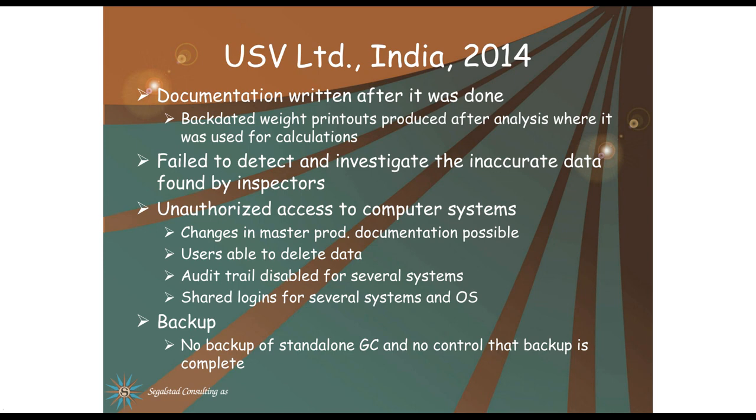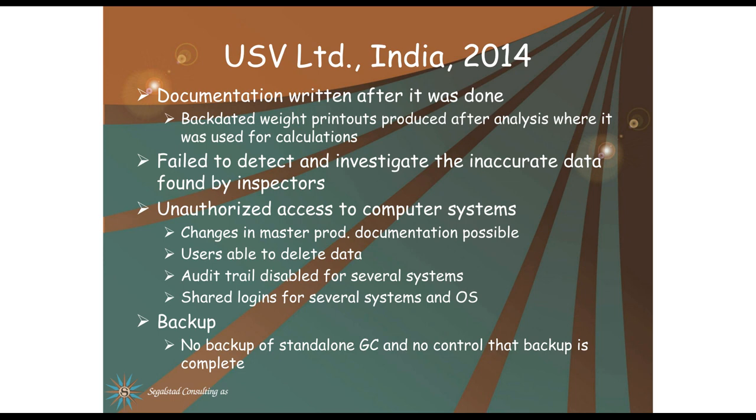There's another one from India, 2014. The documentation was written after it was done. They backdated weight printouts produced after analysis where it was used for calculations. They failed to detect and investigate the inaccurate data found by the inspectors. They have unauthorized access to computer systems that could make changes in master production documentation possible.